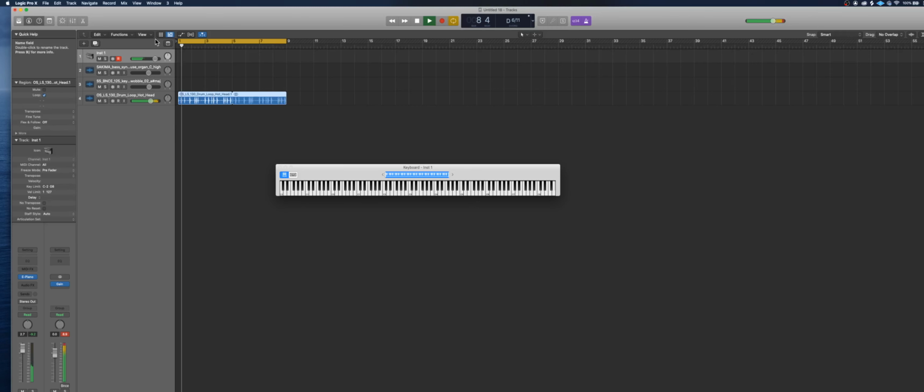B flat again. Then G. Now we're going to the G minor. Now we're going to the F. Whole new vibe.